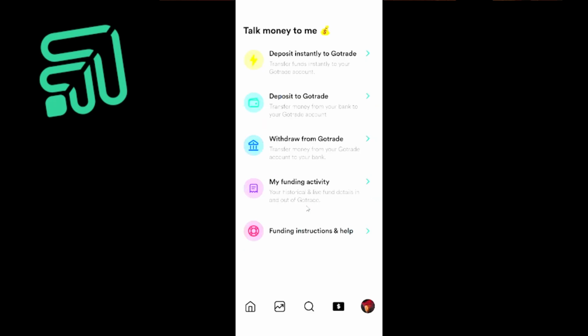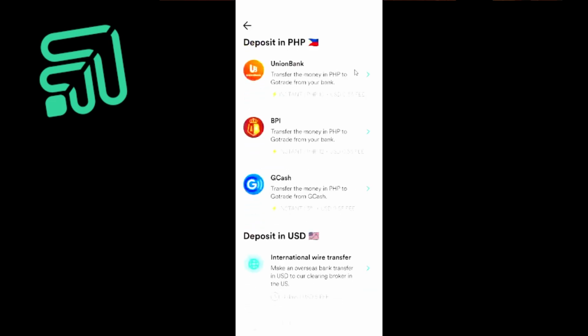And then this part, take my money. So basically, at the top, if you're in the Philippines, you have only 3 ways to choose to deposit. You need to have a Union Bank or BPI or GCash. I don't recommend GCash because it subtracts 3% of your total.